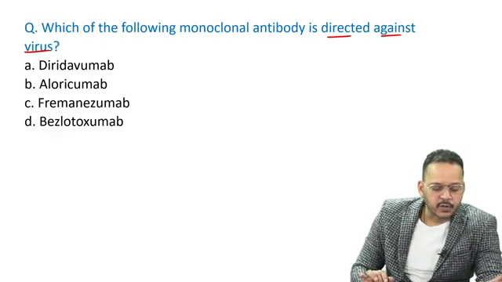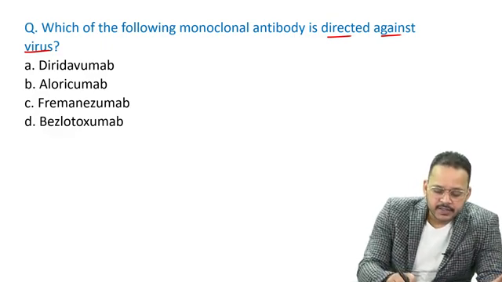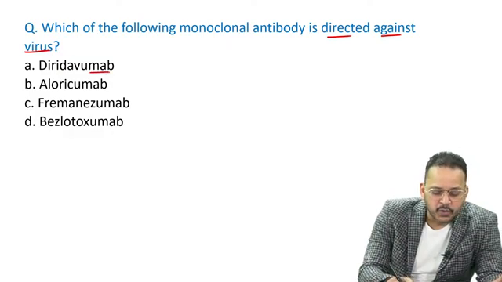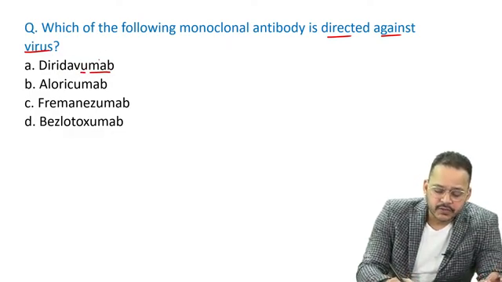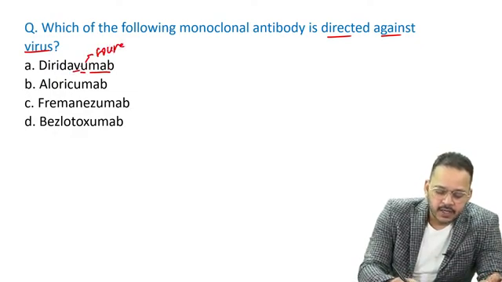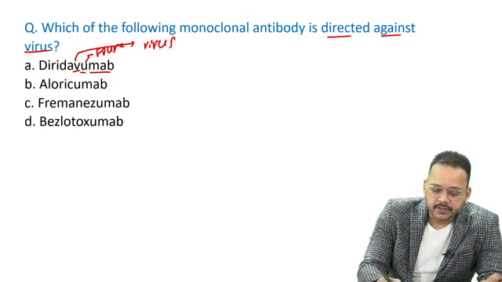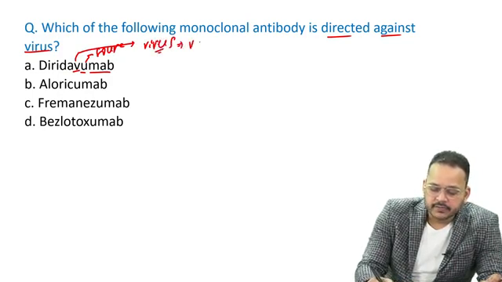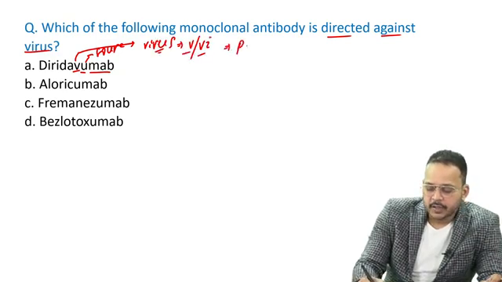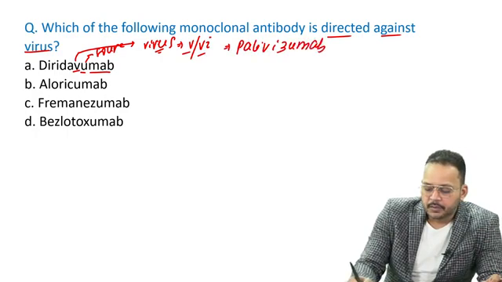Guys, I've told you how to recognize. See, mAb means monoclonal antibody. U means it is human source. So this tells us it is mAb, and this tells us its source. And here, V tells us that it is against a virus. So if it is against a virus, there would be V or VI. For example, look at palivizumab: mAb, source, VI.